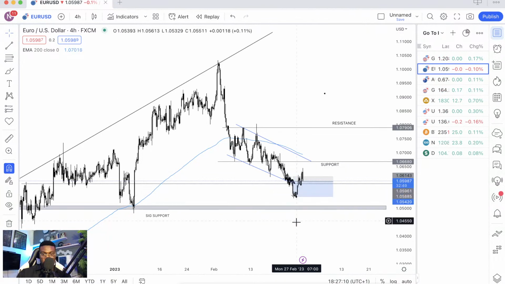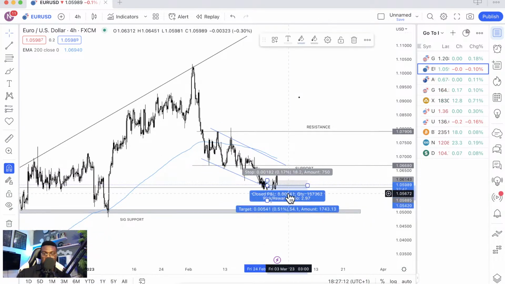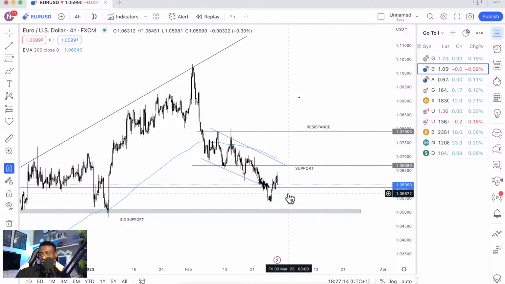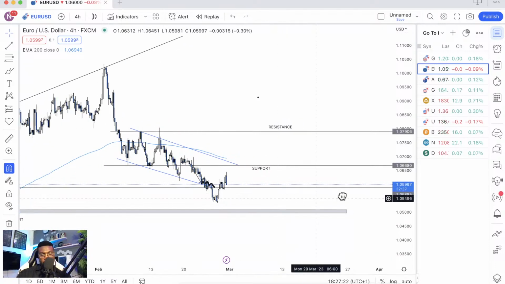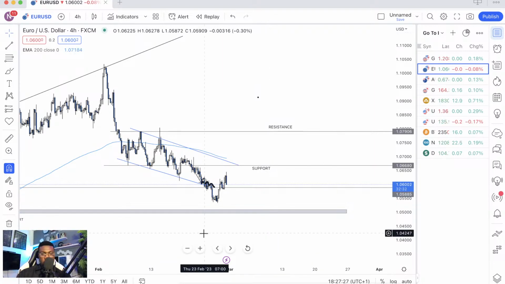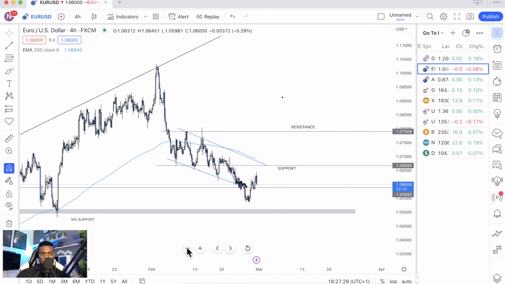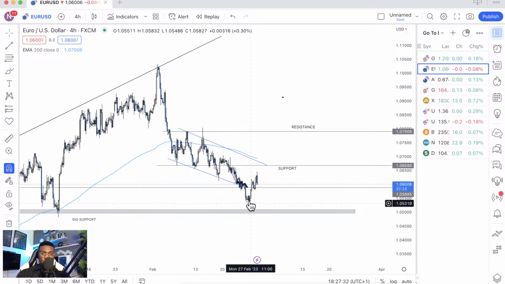Just look to the left a little bit. Okay, so the euro dollar market couldn't get all the way down to the 1.05 cycle level, and it began to pull back up from here.